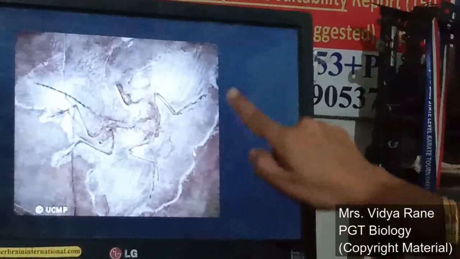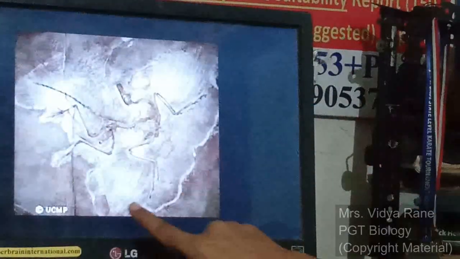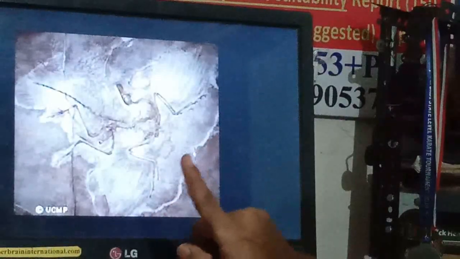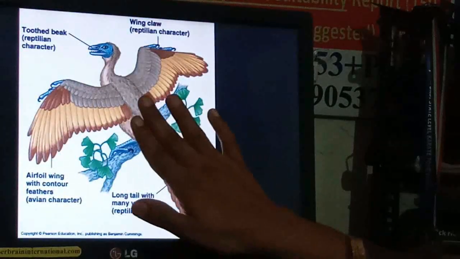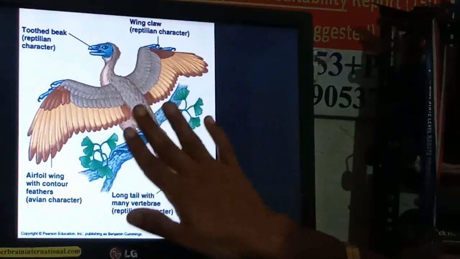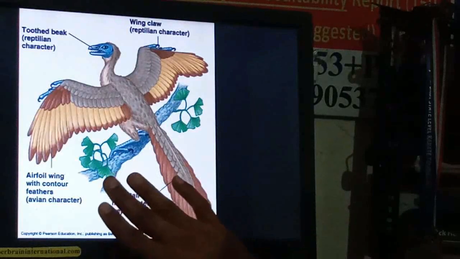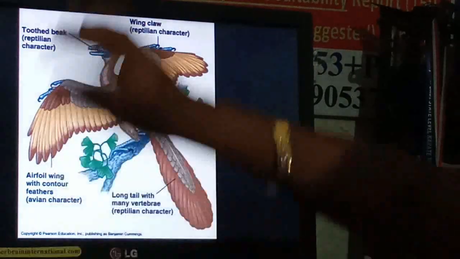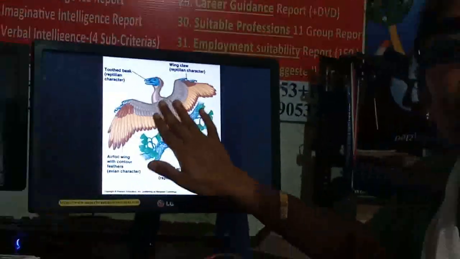But see here, these are the outlines of these structures found on the rock, of that animal, right? So from this fossil, the picture which is created of this organism is this. This actually gives the link between the birds and the reptiles. In the evolution story, it is said that the birds evolved from the reptiles.